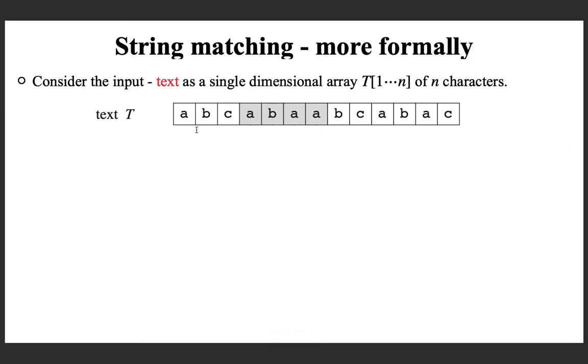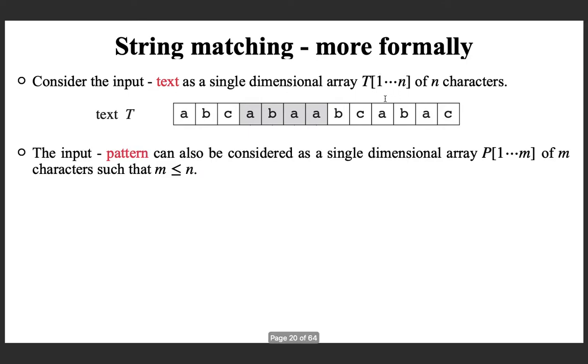Example, here an array of 13 characters is given. So this could be an input text, or if you consider the first paragraph, that also can be represented as a single dimensional array of characters, and there are n characters is what is assumed for some natural number n.